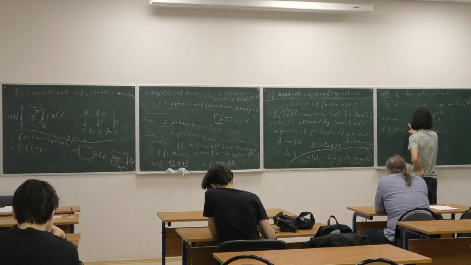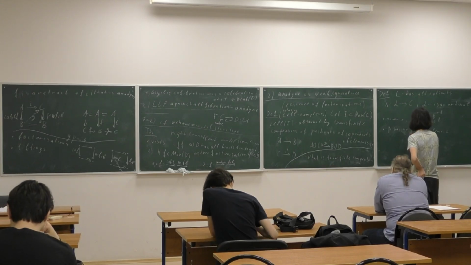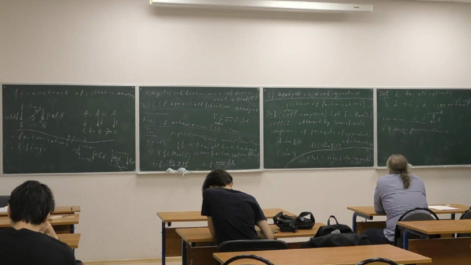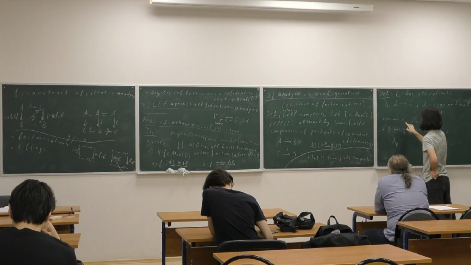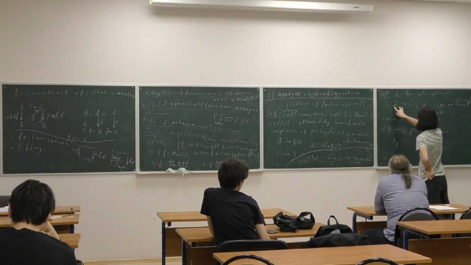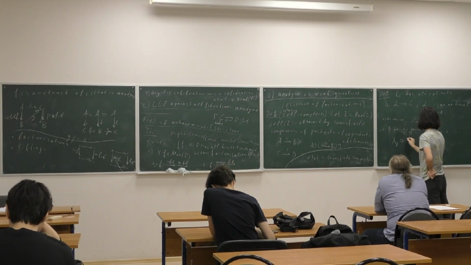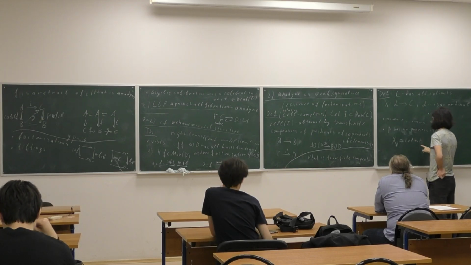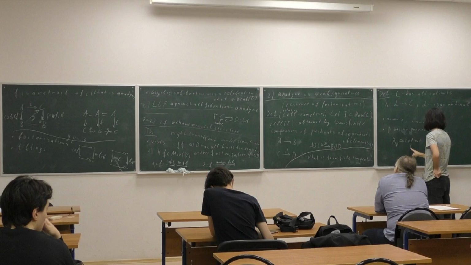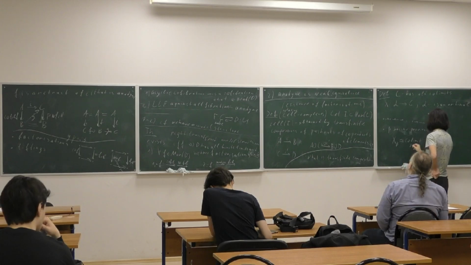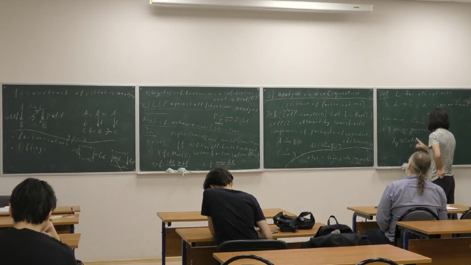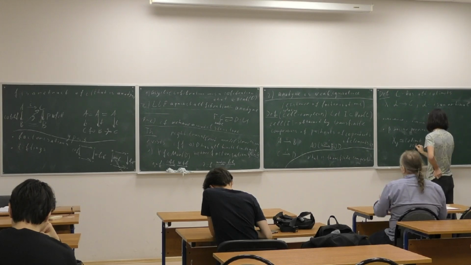Then the arrow from x beta, that is the image of beta by this functor, is isomorphic to the co-limit of x gamma over all elements gamma that are less than beta.